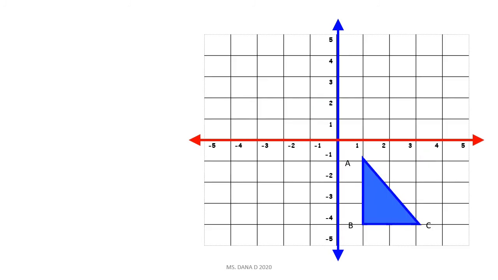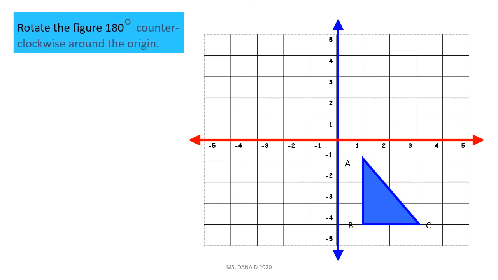Let's go for our last example. We need to rotate a figure 180 degrees counterclockwise around the origin. You have noticed here again, it is 180 degrees, so I'm talking about a straight angle. I have 3 straight angles I should draw.